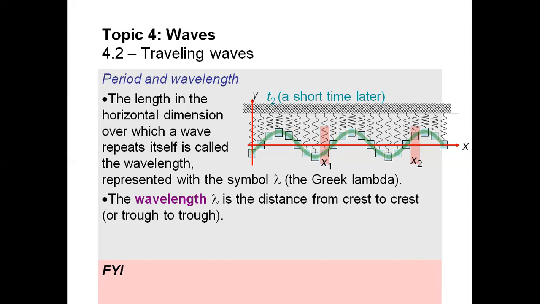So if you want to find the wavelength of a wave on a given graph, we should just look at the distance between consecutive crests or consecutive troughs. For example, between two crests, it's going to be lambda, the wavelength, or from trough to trough, again it's going to be lambda. Both of them will give us the same value. We can use crest to crest or trough to trough, it doesn't matter.